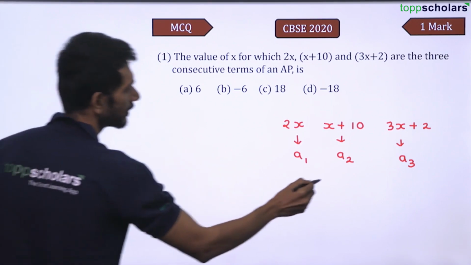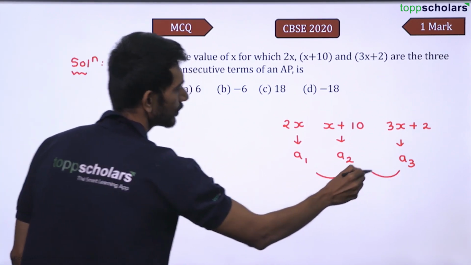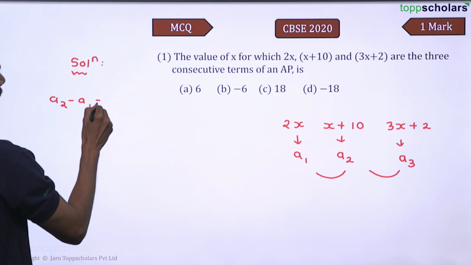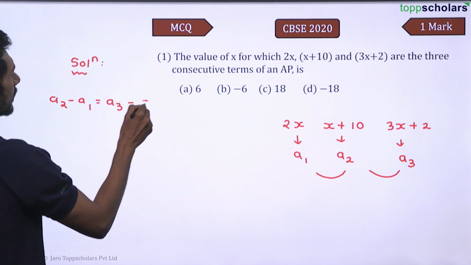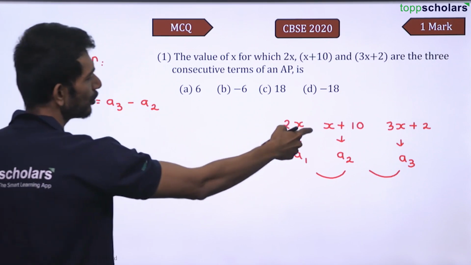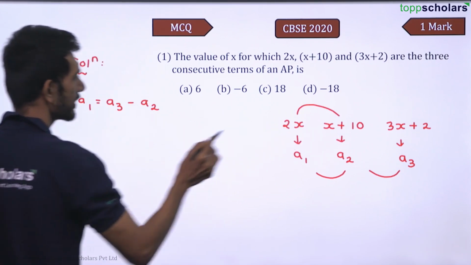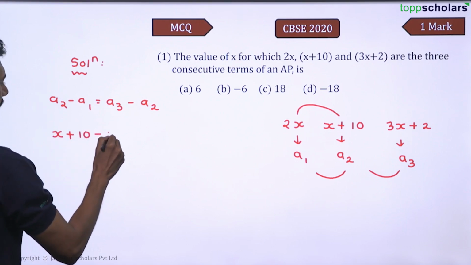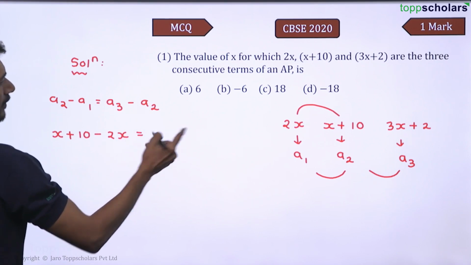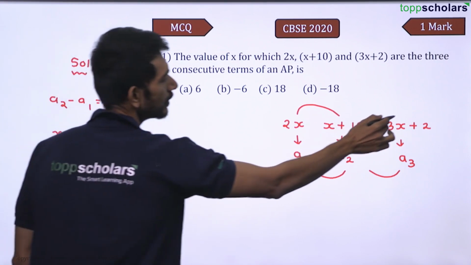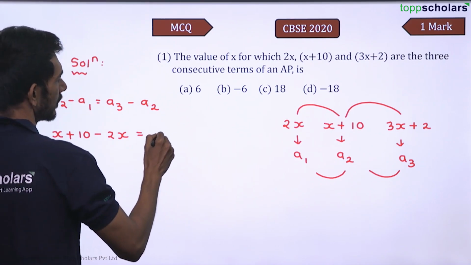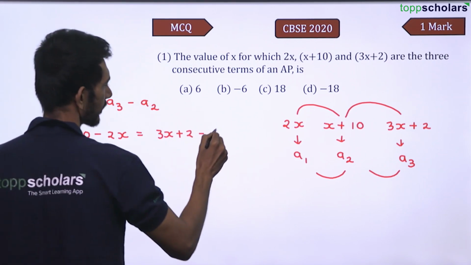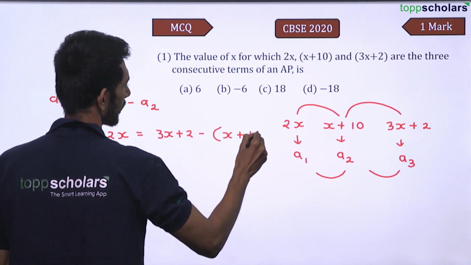Now can I say that when 3 numbers are in AP, A2 minus A1 is equal to A3 minus A2, isn't it? So A2 minus A1, that is x plus 10 minus 2x, is equal to 3x plus 2 minus x plus 10.